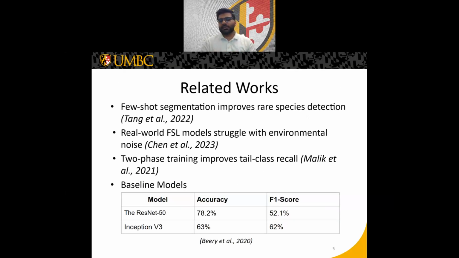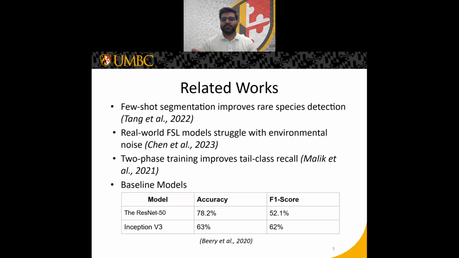The related work is few-shot segmentation. It improves rare species dataset and detection, so we researched that and we are using it in our project. Real-world few-shot learning struggles with environmental noise, so we did some pre-processing, a further step ahead, to tackle that problem.